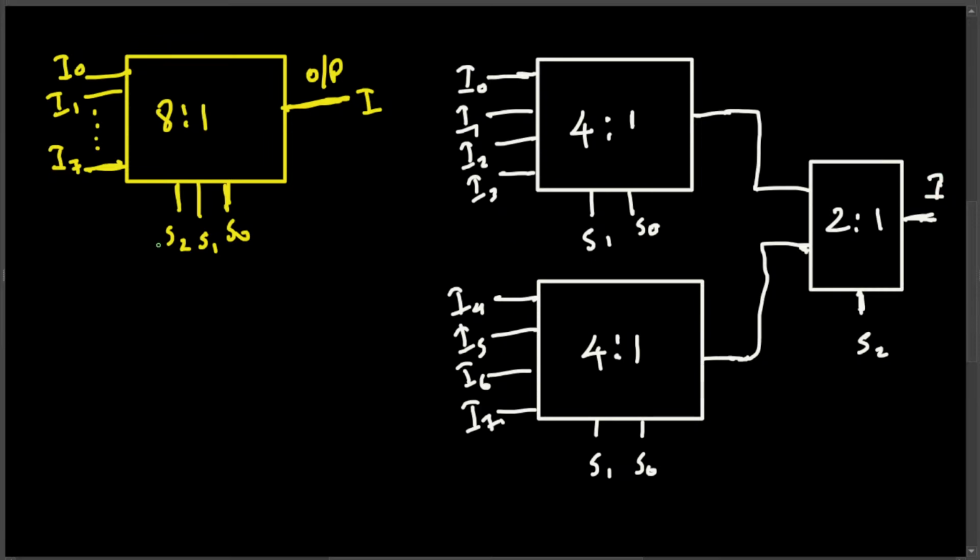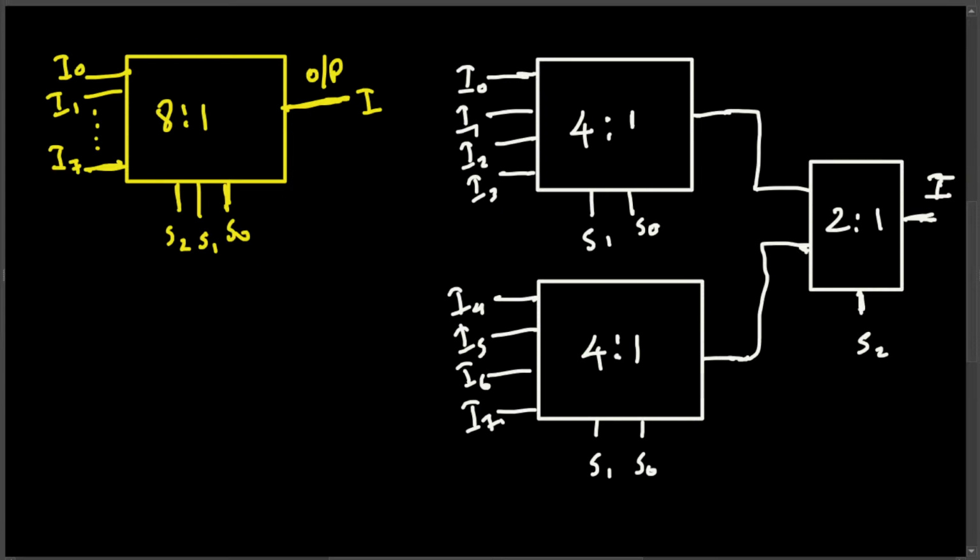Now you can see we almost derived the exact same thing. We have 3 select lines, 8 inputs, 1 output, and this is exactly that. And to test the behavior, you can use the truth table.